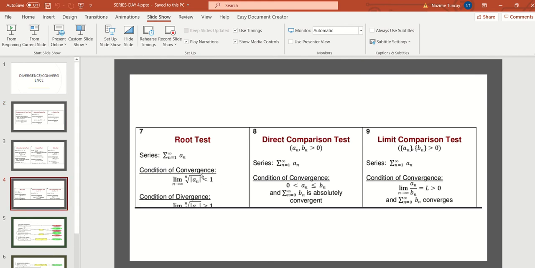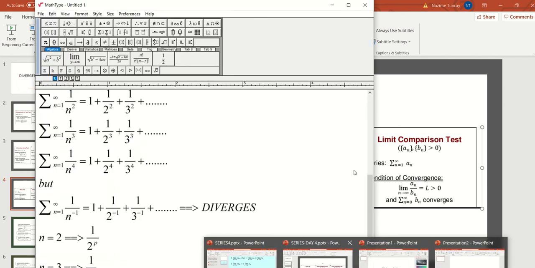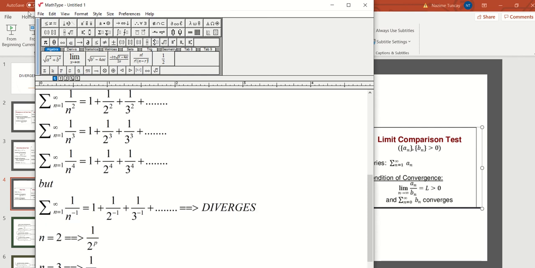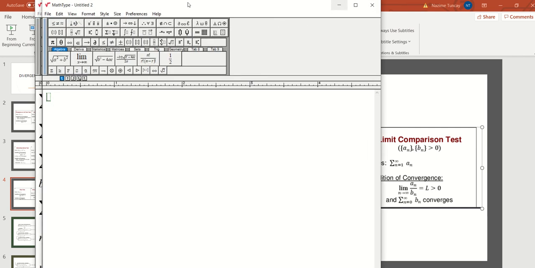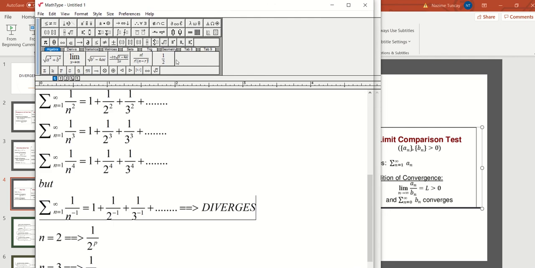They are now root tests. Okay, this is A N. Let me open this series here, this A N series. I'm going to open a new blank page.